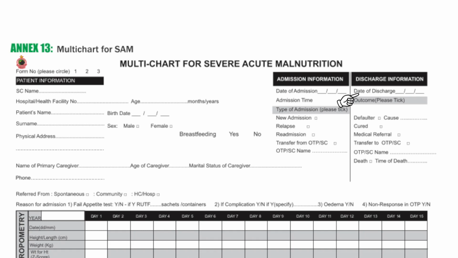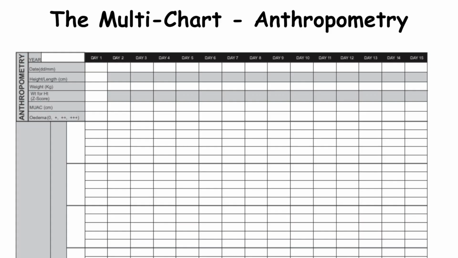When we have completed the personal and admission information sections, we move on to fill in sections related to the management of the patient. Here we have the section for tracking anthropometric data. This is done numerically and graphically to represent the changes in the patient. In this section, we start by noting the date the anthropometric measurement was taken, and then we record the corresponding readings: the weight, height or length, the weight for height Z-score, the MUAC, and the grade of edema.